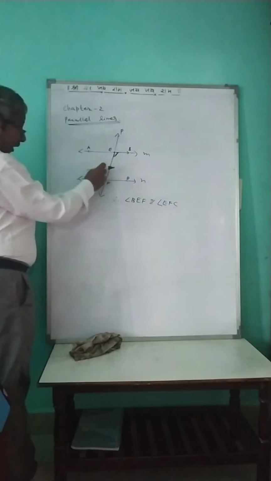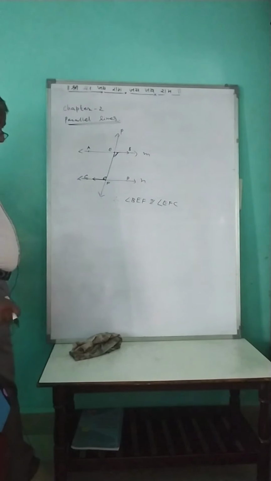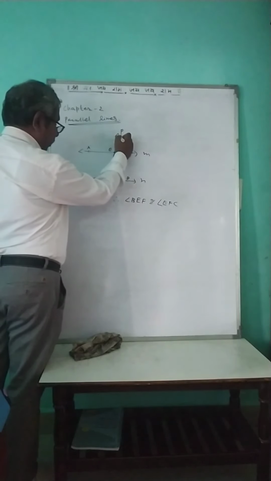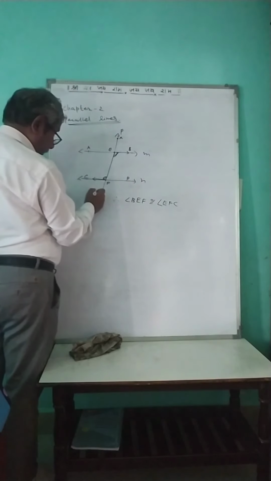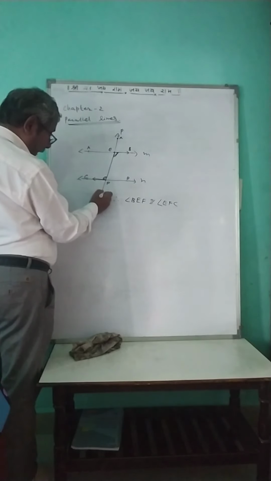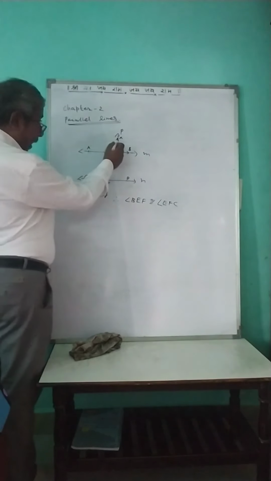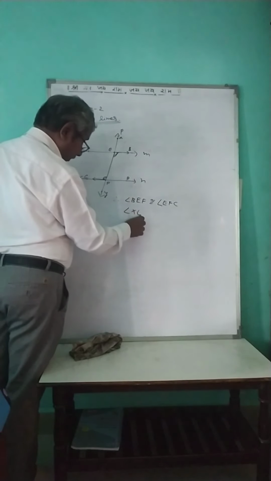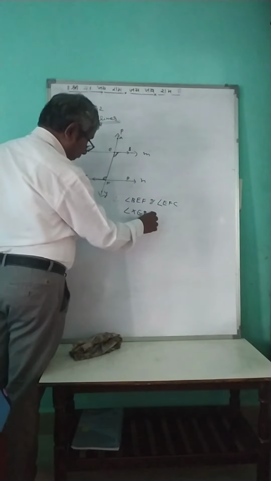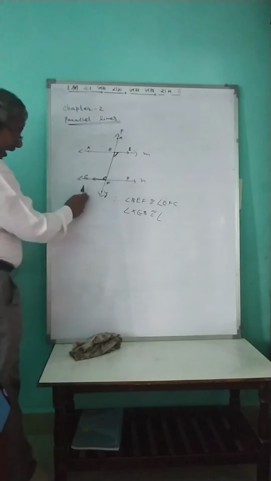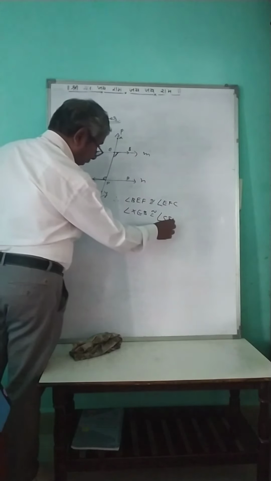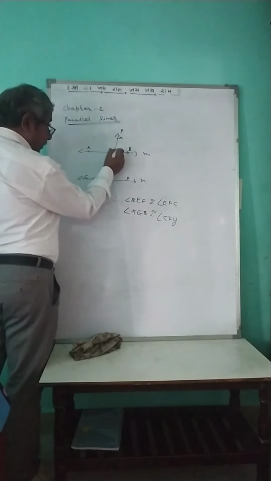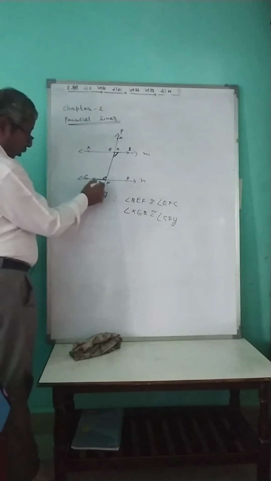This is the internal alternate angle, and suppose here there are also two points X and Y. Then angle XEB is congruent to angle CFY. This is also an alternate angle, but this is the external alternate angle.